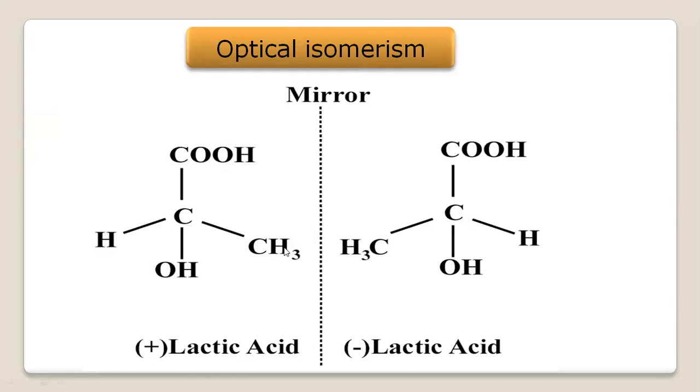These two different forms are lactic acid. One is called dextrorotatory, one is called levorotatory, and these two are optical isomers of each other. The mirror images are the same here, but when we put them on each other these two forms show different structures, and therefore this type of structure is called optical isomerism.